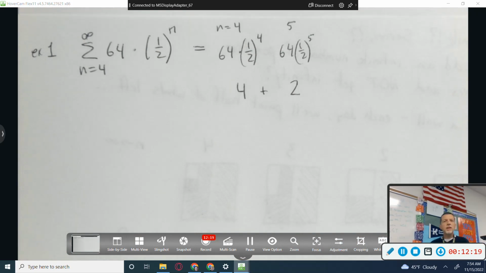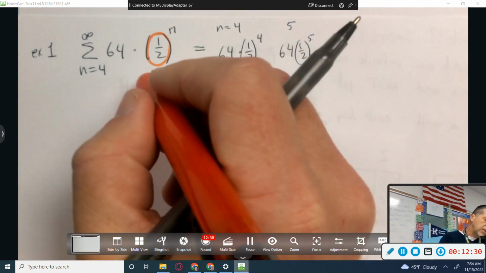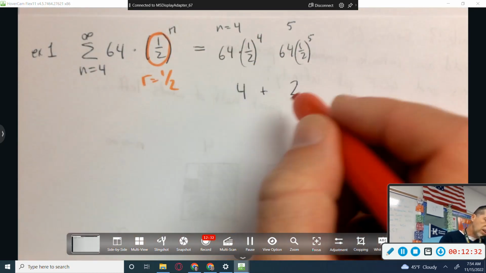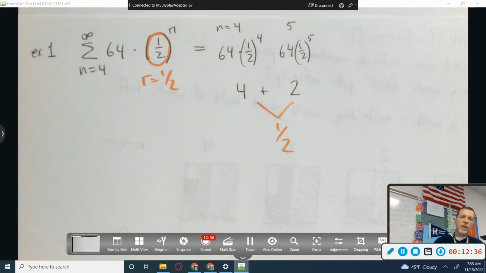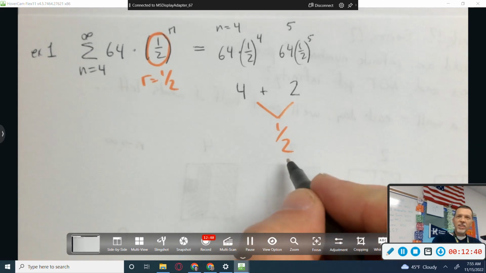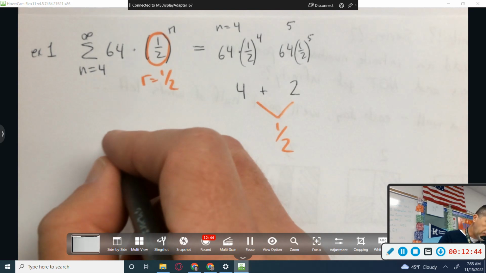And hopefully some of you realize right now, can you tell what r is? I mean, you might have been able to tell from the equation. But if not, you can tell now, it's times 1/2. So 1/2 is less than 1, so we are eligible to use our formula.